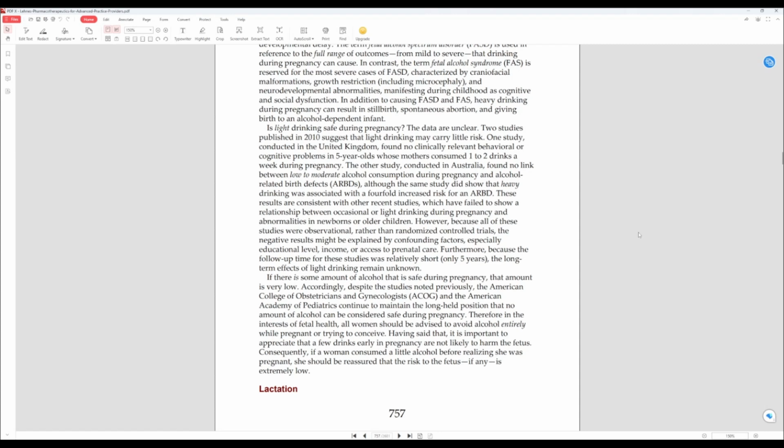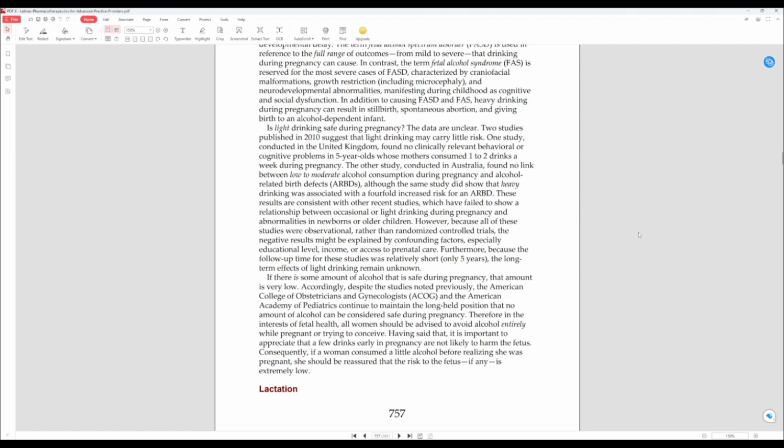Again, because all of these studies were observational rather than randomized controlled trials, the negative result might be explained by confounding factors, especially education level, income, or access to prenatal care. Furthermore, because the follow-up time for these studies was relatively short, only 5 years, the long-term effects of light drinking still remain unknown.